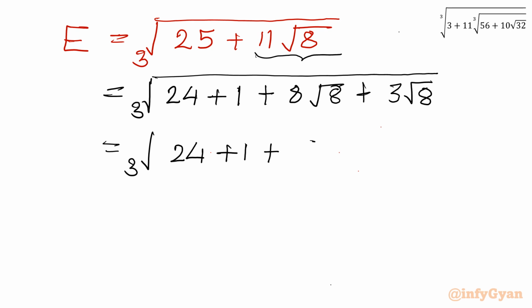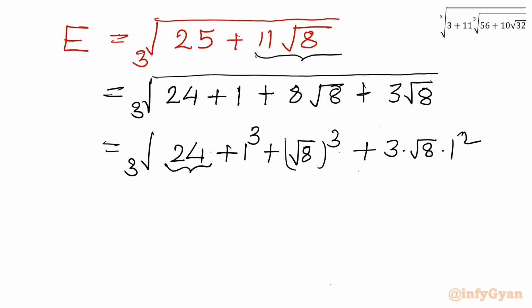This we can consider as square root 8 whole cube. The last term here, I can consider this is 3 square root 8 times 1 square. Consider this 1 as 1 cube, and if you see this term, this is 3 root 8 square times 1. Let me write in the appropriate order.